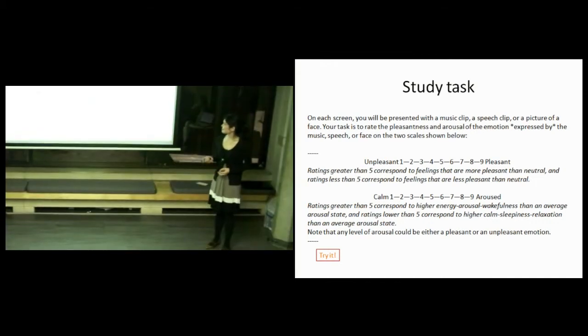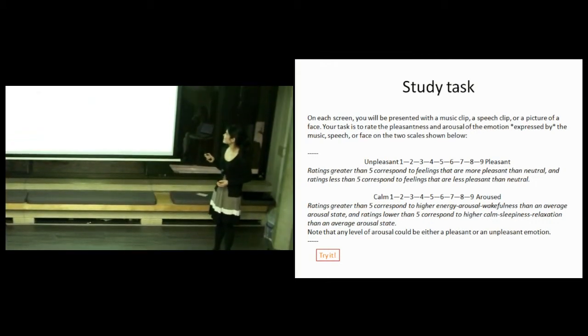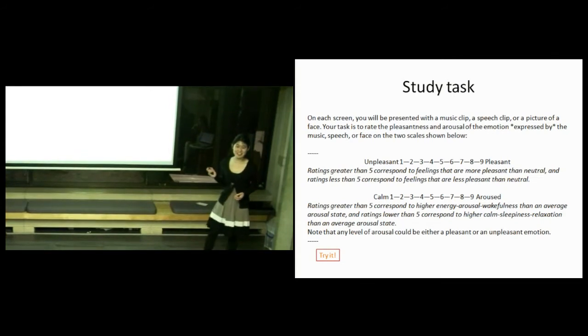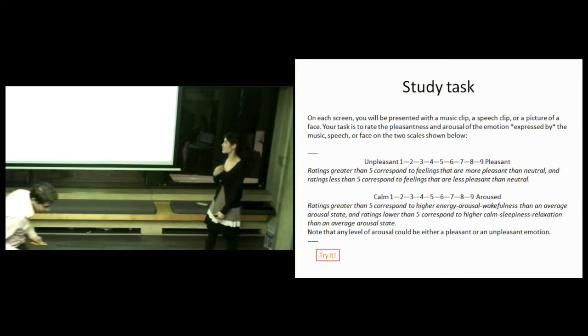What's really important is that you rate the emotion that is expressed by the face, music, or speech, and not necessarily what you yourself feel. So think about what the music or face portrays, and not what you're experiencing.